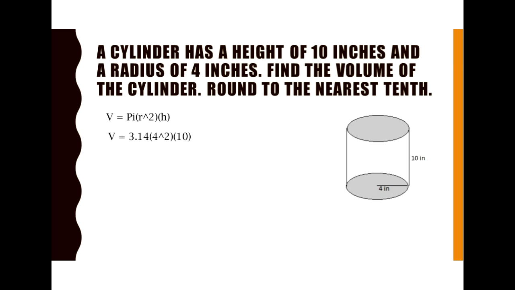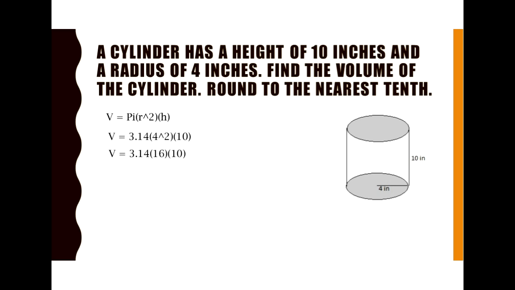Now that it's time to solve, I'm going to follow my order of operations. So don't forget PEMDAS: parentheses, exponents, multiply and divide, add and subtract. Looking at this formula, the first step is I'm going to follow the exponents. So 4 squared, 4 times 4, is going to give me 16.